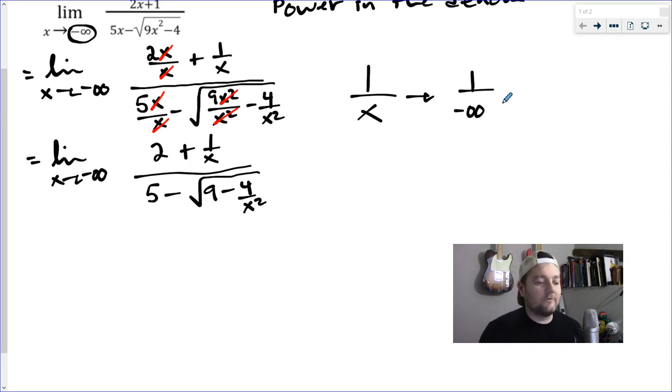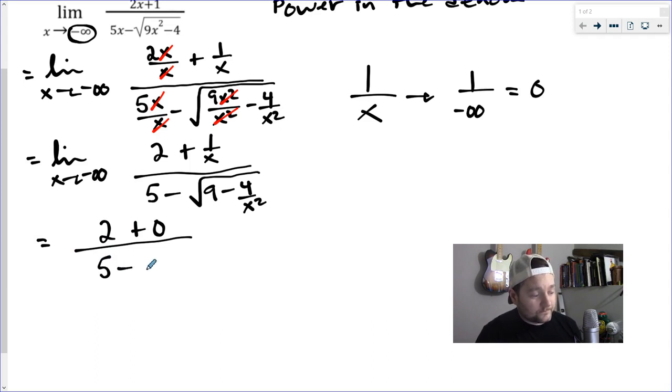If 1 is divided by something completely huge, like a cajillion billion, we would end up with pretty much 0. So whenever we get a variable left on the bottom, those are places where you're going to end up with 0. So when I rewrite this, I drop my limit, and wherever I have an x left on the bottom, that turns into a 0. So I get left with this situation.